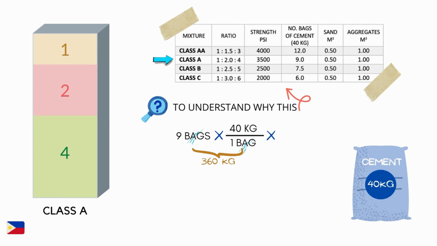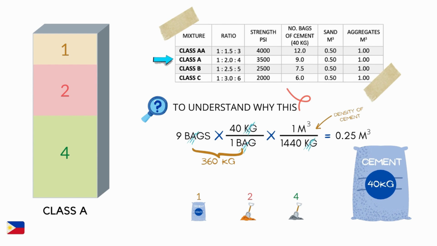In other words, 1 cubic meter of cement weighs about 1,440 kilograms. So 360 kilograms of cement divided by 1,440 kilograms gives 0.25 cubic meters of cement. As you can see, we did follow the 1:2:4 ratio, since 0.25 multiplied by 2 is 0.50 and 0.25 multiplied by 4 is 1.